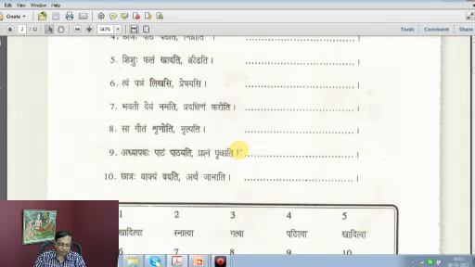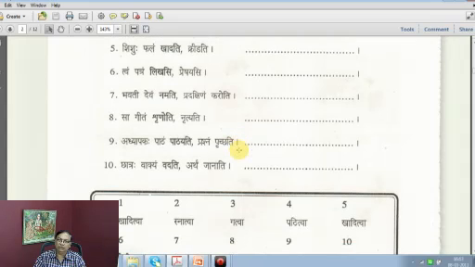Ninth one. Adhyapakaha Patayati Prasnam Pruchhati. Adhyapakaha Patam Patayati. A teacher teaches a lesson and puts a question. Adhyapakaha Patam Patayitva. Having taught a lesson, a teacher questions the student.